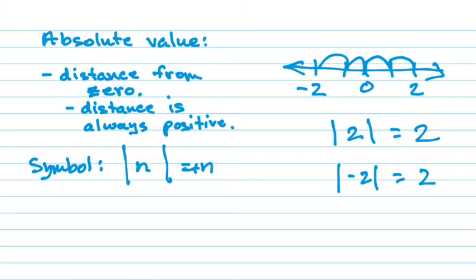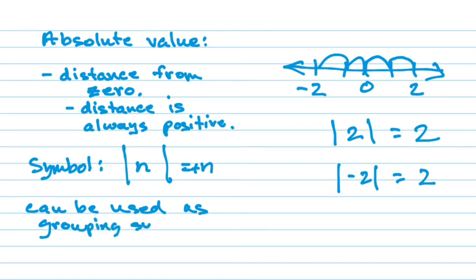Okay, now, absolute values can be used as grouping symbols. So you need to be aware that you do not do the absolute value of, say we have absolute value of 4 minus 2.